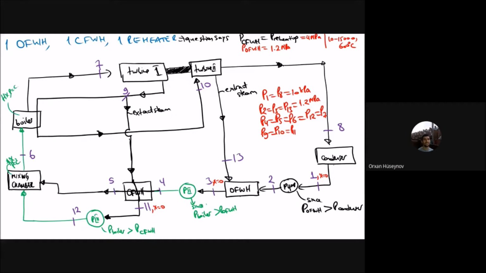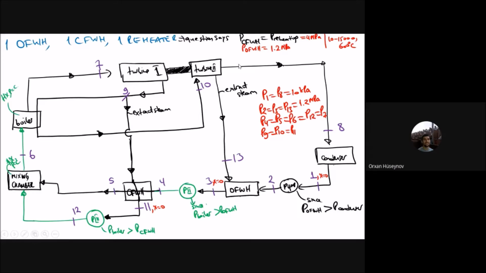And the P4 is same as P5, that is same as P6. And these are the pressure lines. So P4 is same as P5, that is same as P12 and the P7.